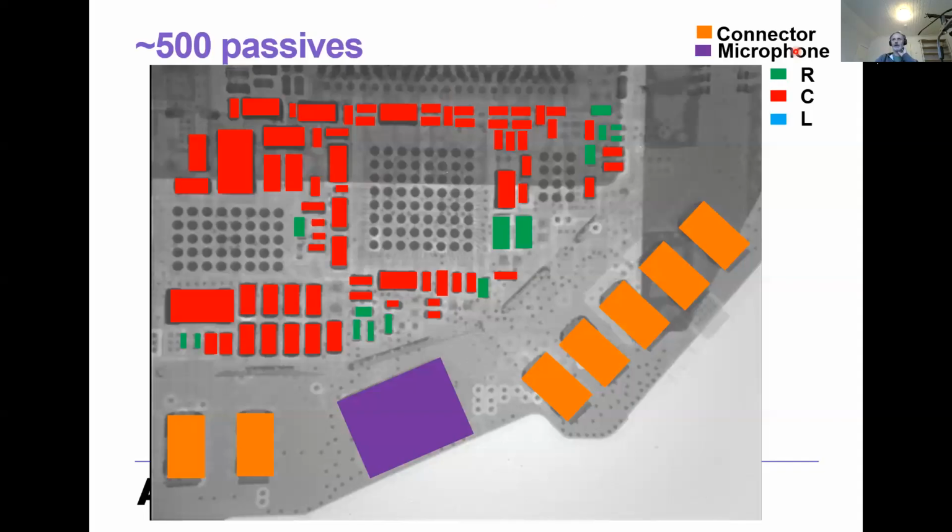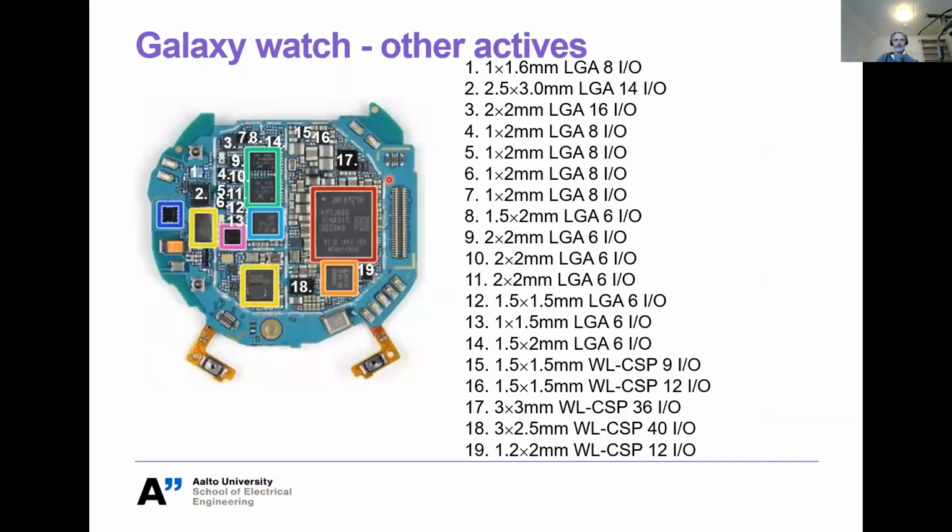So not only resistors and capacitors and inductors, but also some others like connectors, this microphone and so on. And as you can see from here, there are different sizes. And maybe from here, it's better to see that some of the passive components are extremely small.